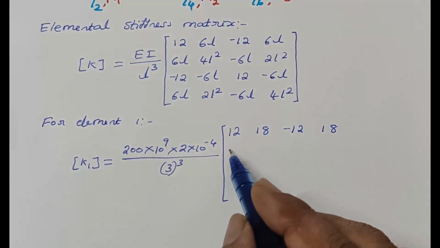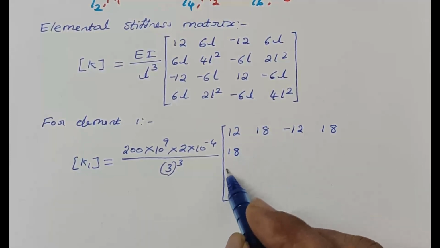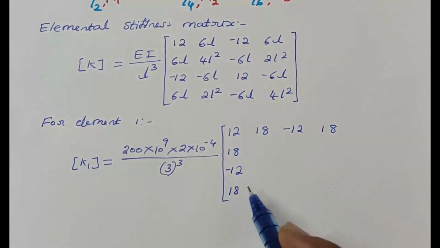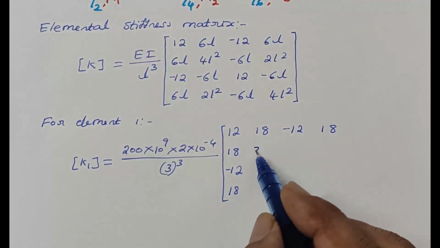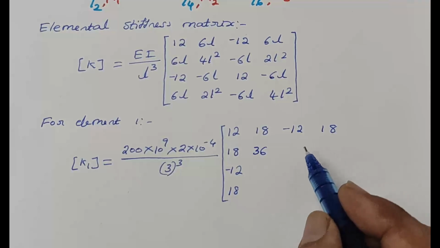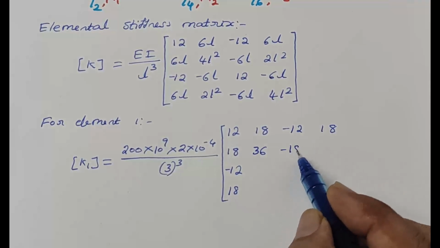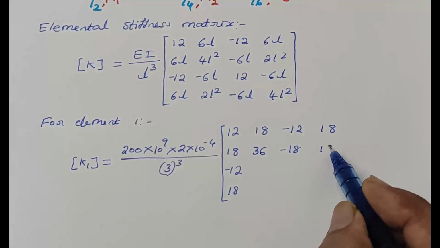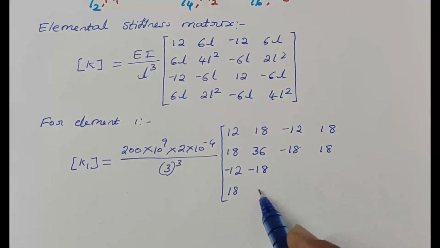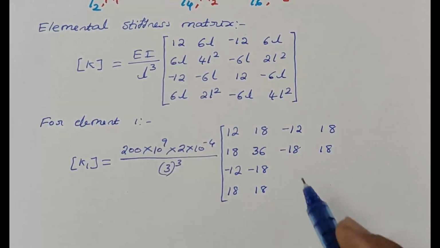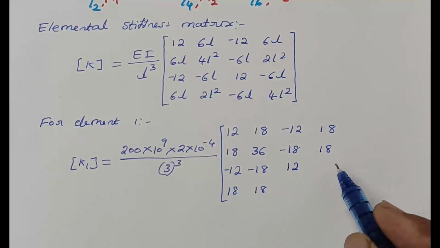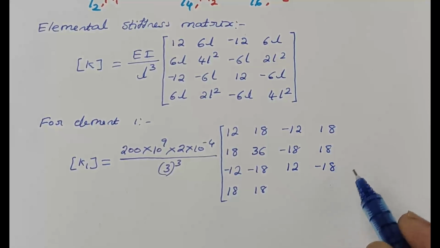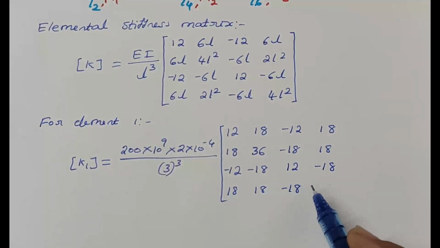Due to symmetry I can write here 18, minus 12, 18. 4L square, it is 36, minus 6L, it is minus 18. 2L square, it is 18. Here minus 18, 18. Next 12, minus 6L, it is minus 18. Here also minus 18. 4L square is 36.